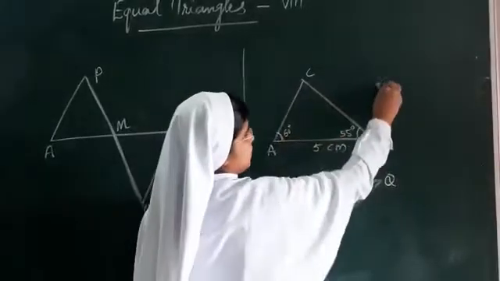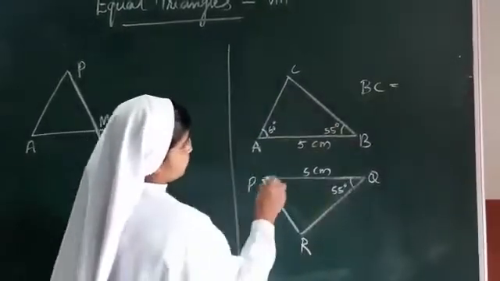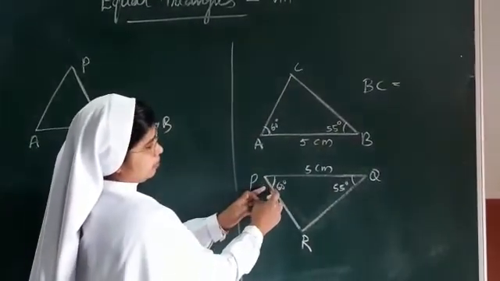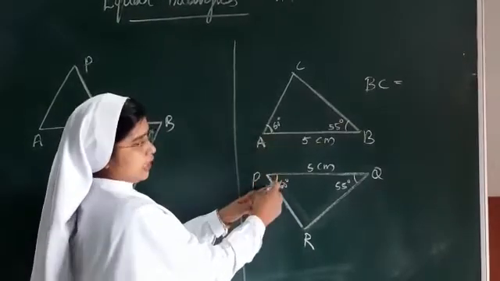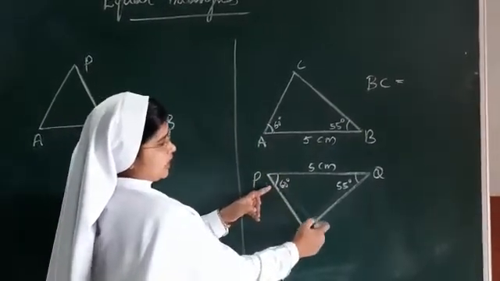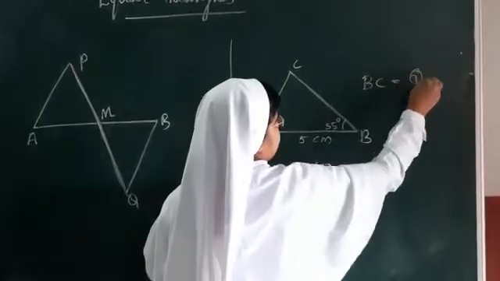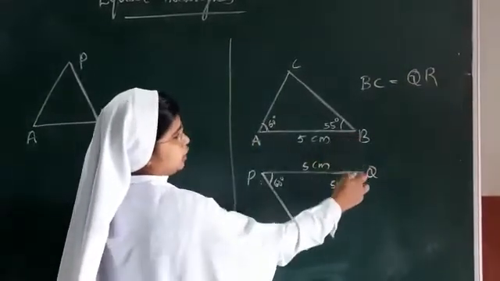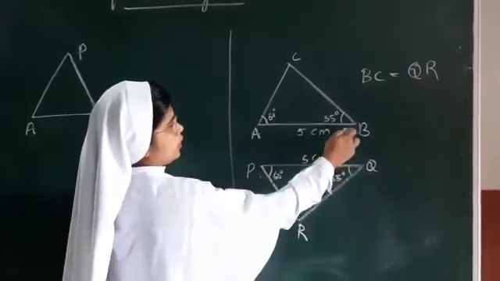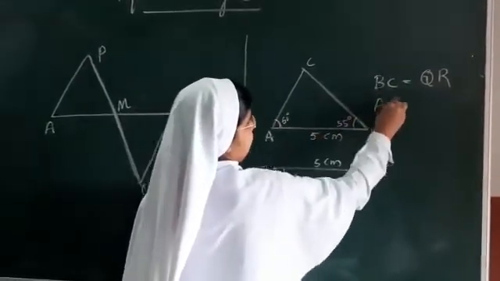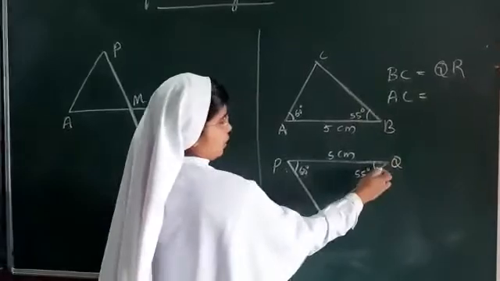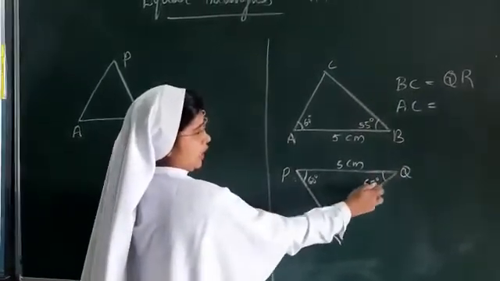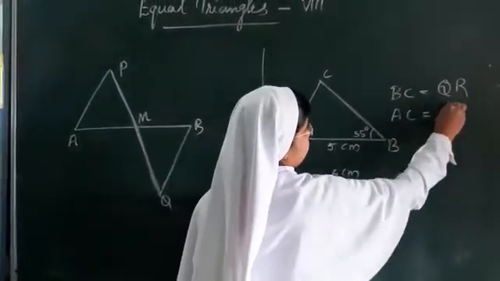So BC is equal to QR. And here angle B is equal to angle Q. The opposite side is AC, and the side opposite to angle Q is PR.